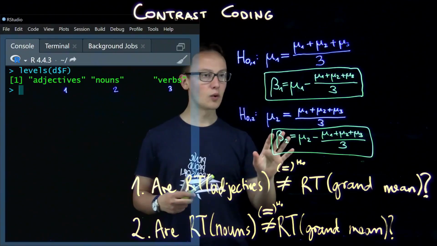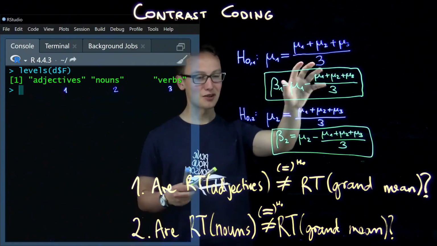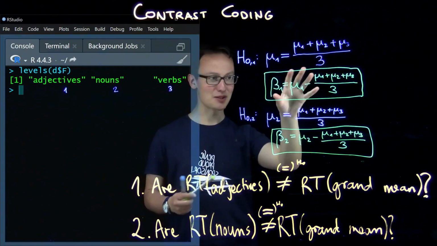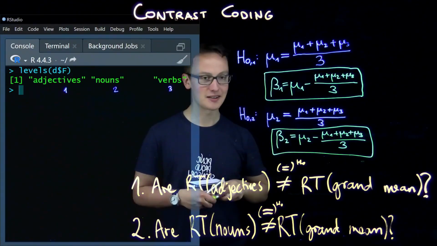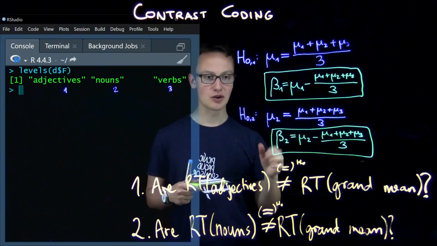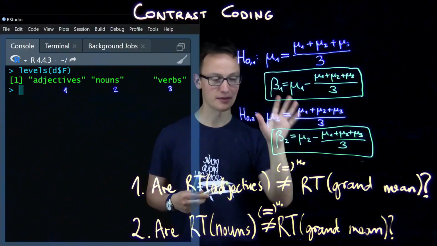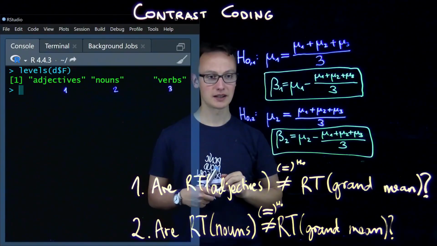Now we'll further manipulate these terms to get them into a specific form, which will make it easy to see how we can create a so-called hypothesis matrix out of them. So that's what we're going to do next.